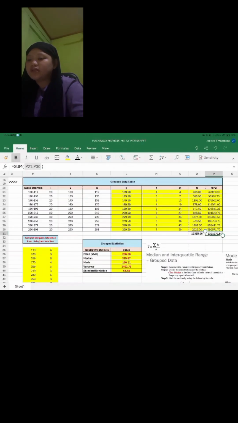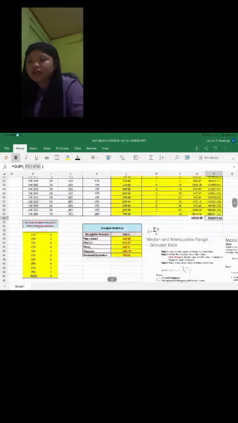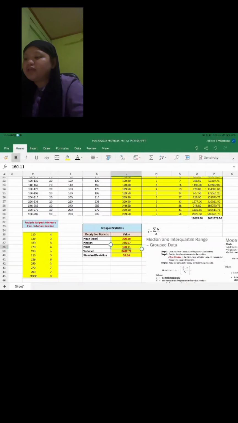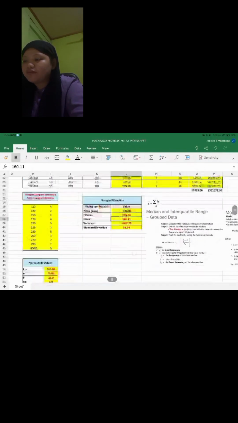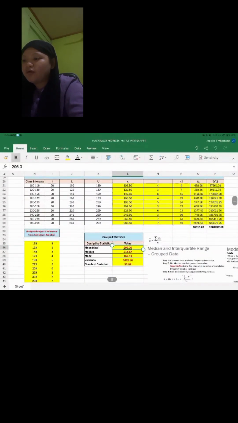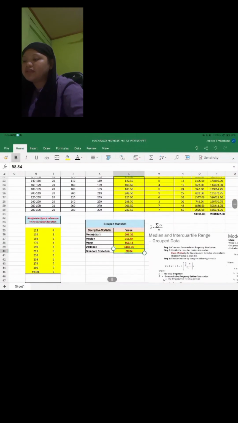You subtract the squared mean from the first answer, and you get 3462.76. After that, you take the square root, so you get the answer of 58.62.